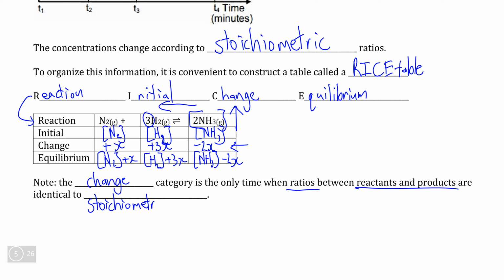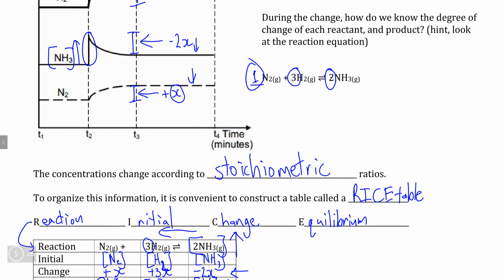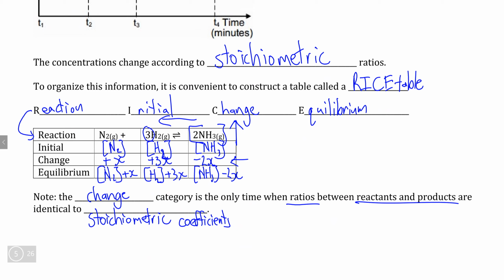A lot of people think that they are doing these calculations improperly because their final concentrations don't match the 1:3:2 ratio of the stoichiometry, but remember that our equilibrium concentrations depend on the initial concentrations that are listed, and therefore it's the change category which is the only category when the stoichiometry coefficients match exactly.